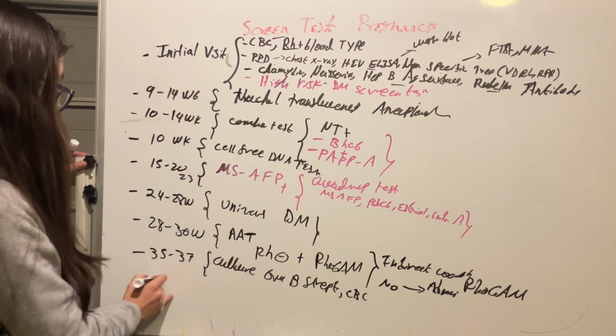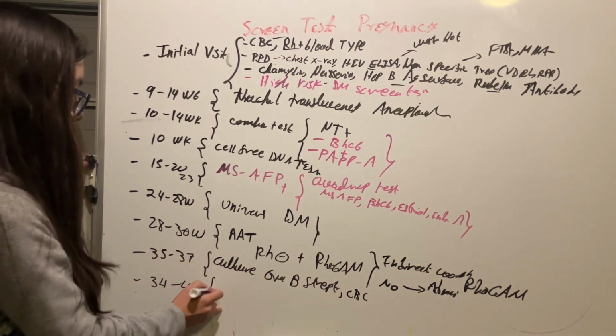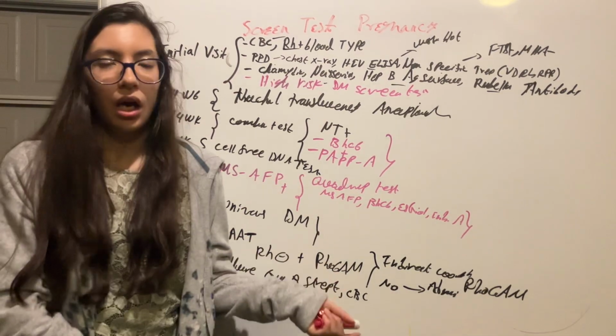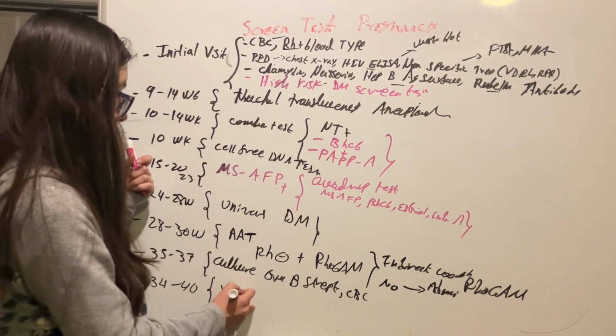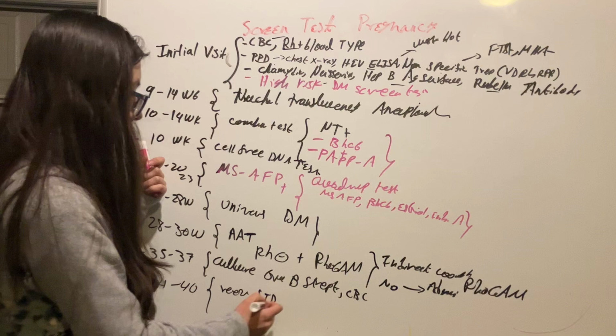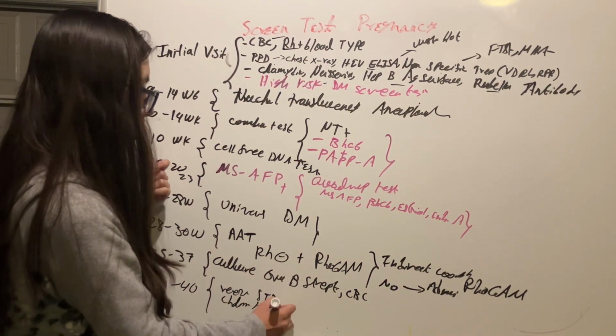And then at 34 to 40 weeks gestation, if this is a patient with high risk of sexually transmitted disease, we reevaluate for sexually transmitted disease. We could also test for chlamydia and Neisseria.